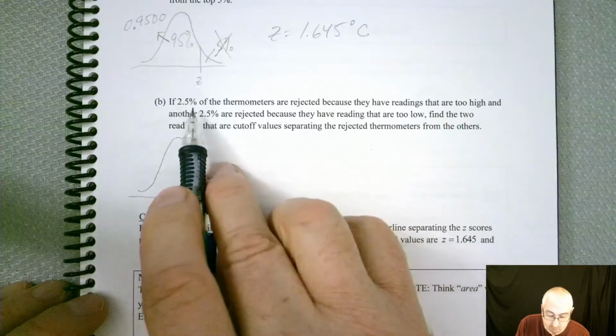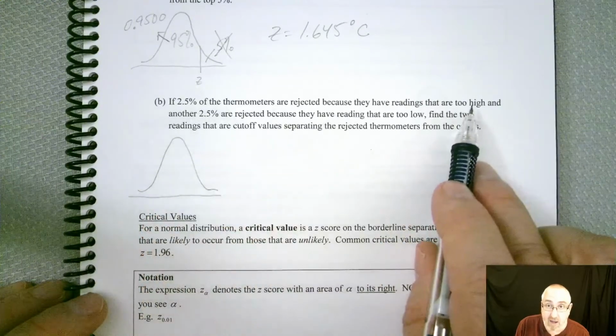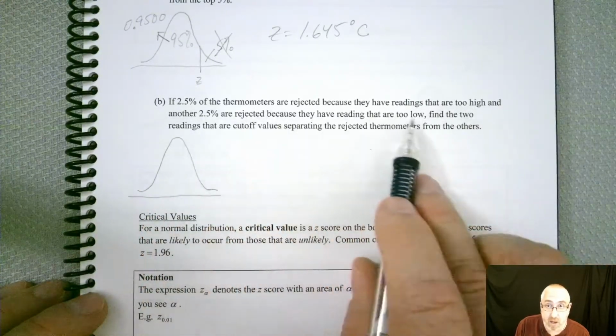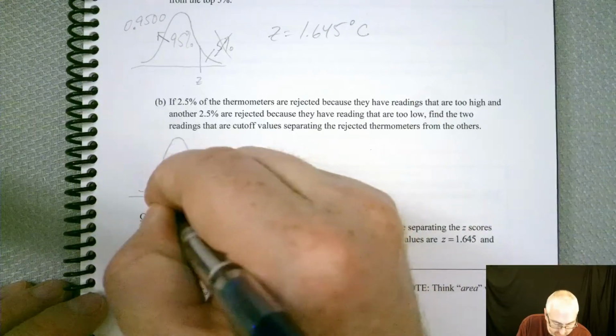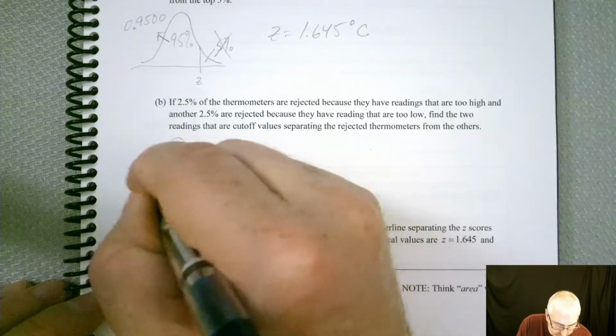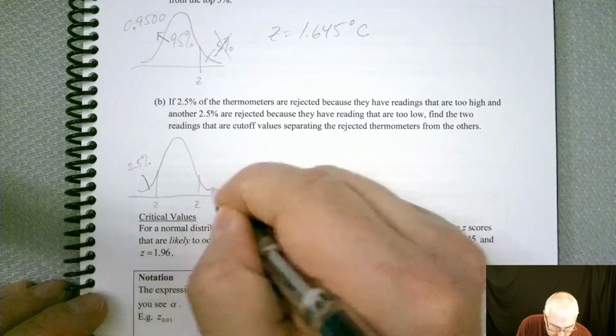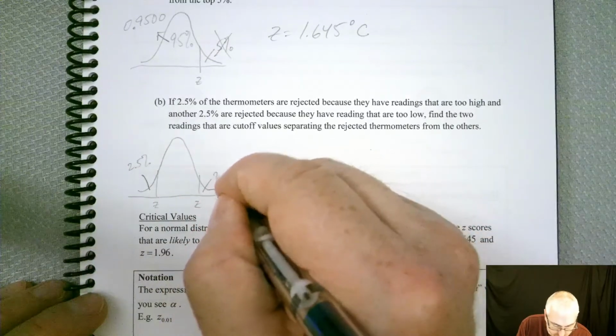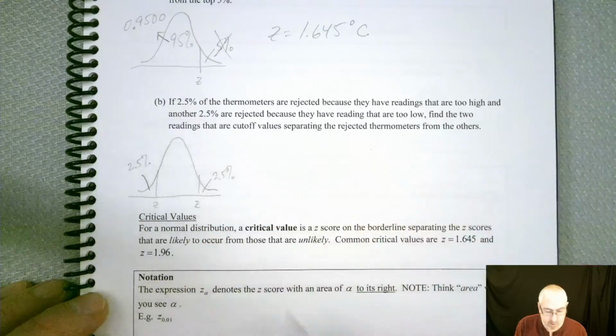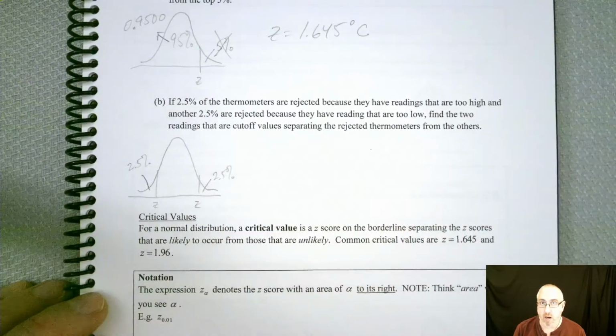So we want 2.5% on the high side and 2.5% on the low side. So I'm thinking that this is 2.5%, and we have another z-score where this is 2.5%. They want to know what those 2 temperatures are that make that happen.